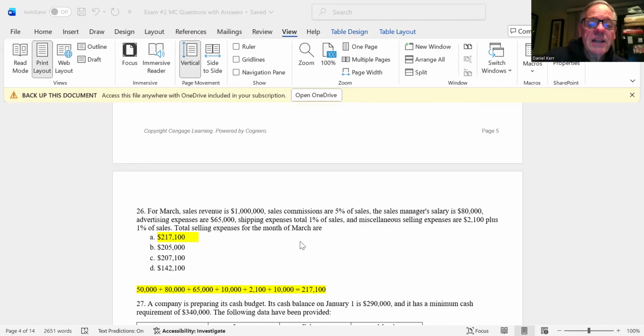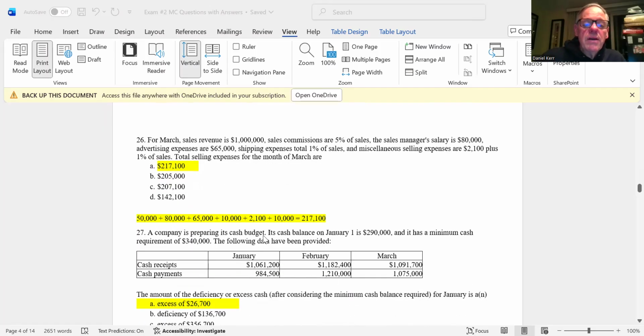The total selling expenses would be $50,000, which is 5% of the million, plus the manager's salary of 80, plus the advertising expenses of 65, plus 1% of sales, plus the $2,100, plus again 1% of sales. So your answer there is $217,100. The answer there is A.